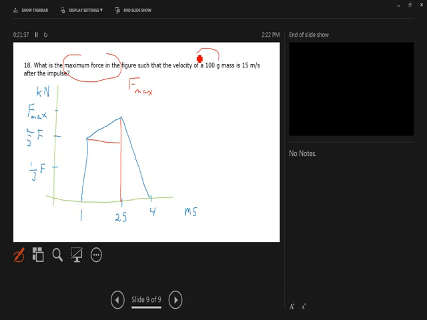We already know from the wording here that we have a mass and a velocity, so we can do our delta P, right? So we're going to know what the right hand side of the equation is, and the impulse on this side will just be the area, and within those three areas you'll have F max as one of the unknowns.